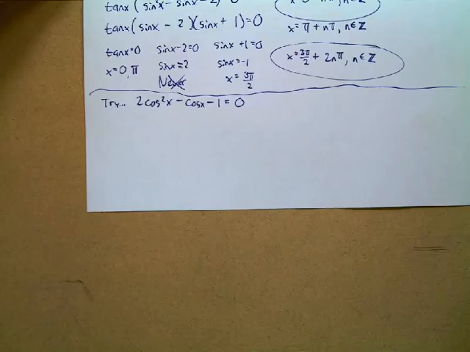It should be 2 pi n. You only want to add pi n when it's tangent, which repeats every pi. So the factoring is right, but this will solve cosine x equals 1, and cosine x is equal to negative 1, that's pi.